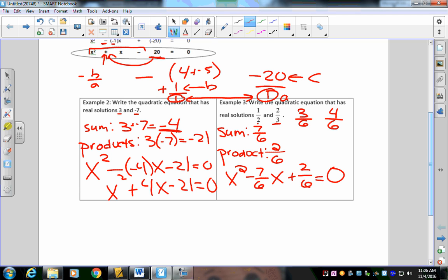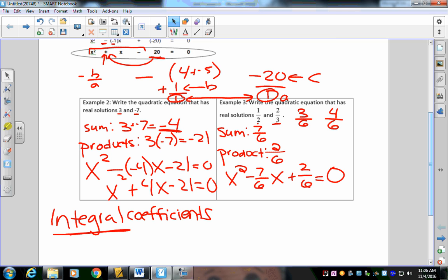What do I mean by integral coefficients? Let me write that out so you can see the words and give you an idea if you're not sure. Integral meaning integer. We want integer coefficients. We don't want fractions. So how are we going to get rid of that denominator of 6? Notice they are both the same denominator, and if they weren't, we'd use the same process. We just have to clear out a denominator, so we multiply by what's going to get rid of it.